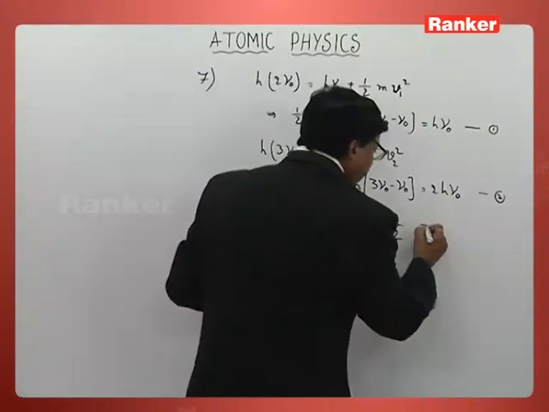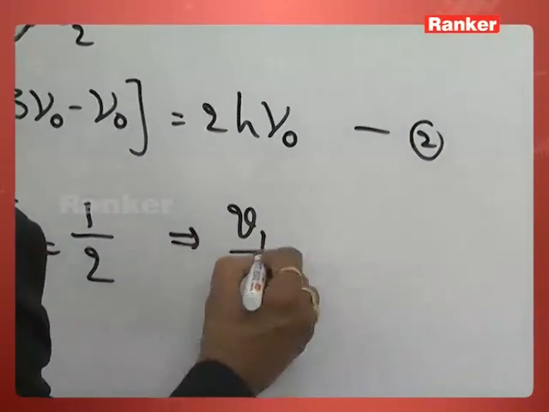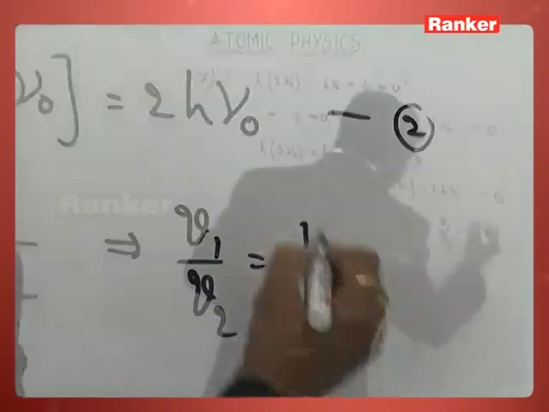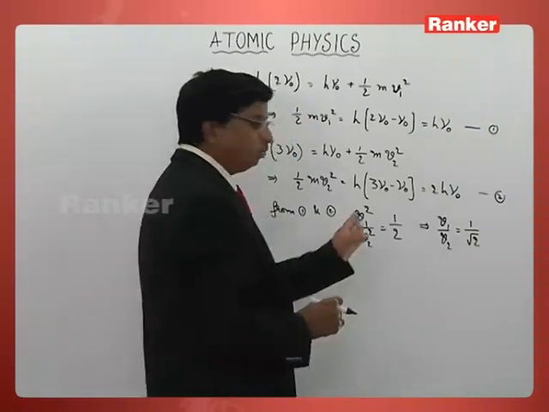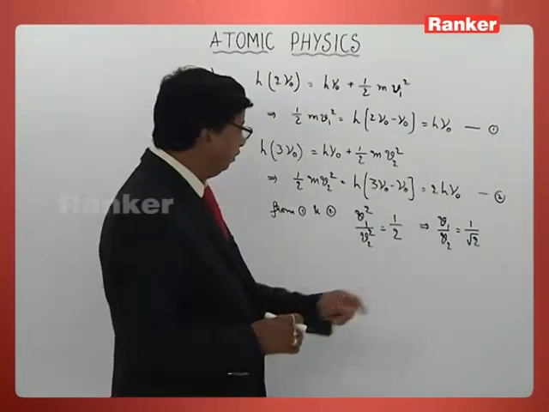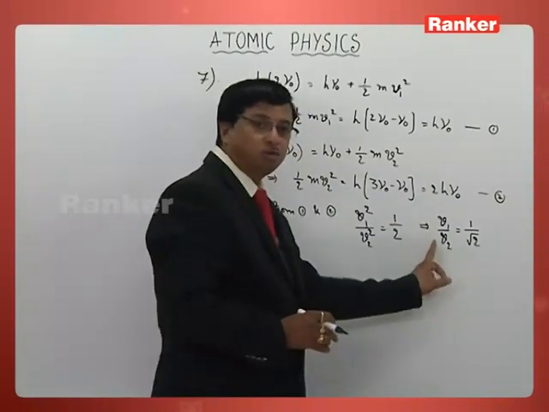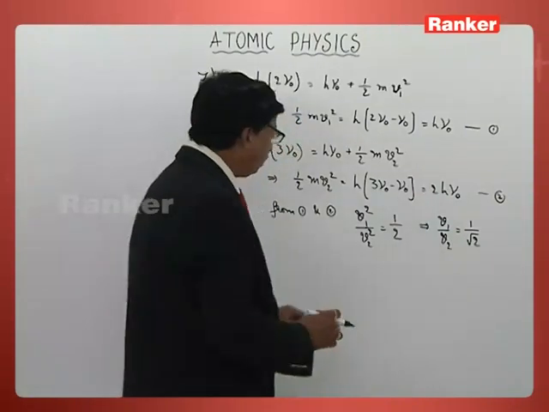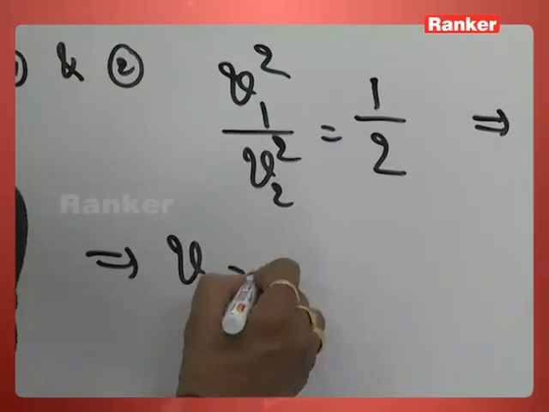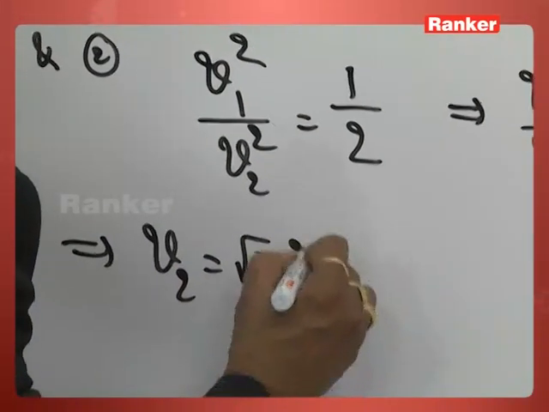You can rewrite the same this way, v1 by v2 is equal to 1 over root 2, taking root on both sides. My concentration now is on the velocity 2. So you can cross multiply that to get v2 is equal to root 2 times v1.